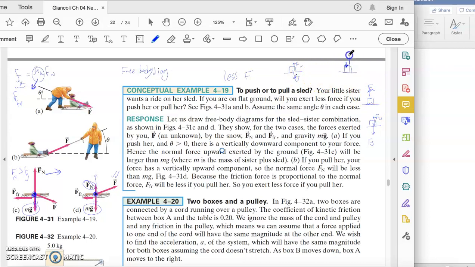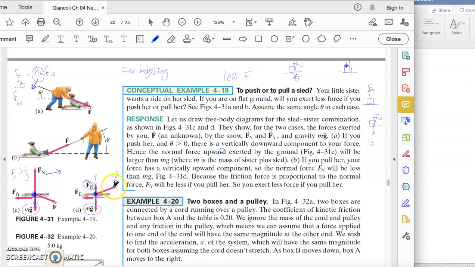While if we are pulling up, you are reducing the stress, so the reaction will become smaller. And then we discuss the friction. Friction is proportional to Fn. So if Fn is bigger, then the friction force is bigger. If Fn is smaller, then the friction force is smaller.